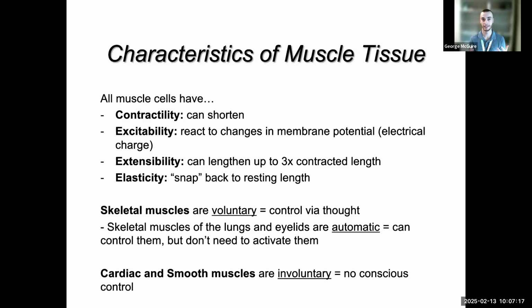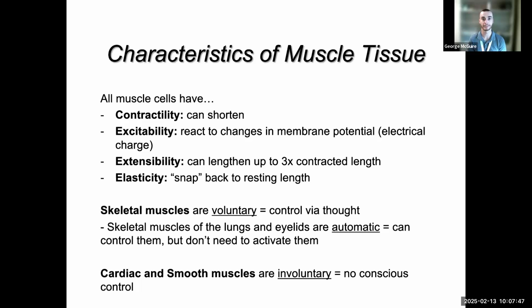They are extensible, meaning that they can lengthen to up to 3 times the length of their contracted length. So if a muscle is fully contracted, all of the protein fibers are fully overlapping. We can extend the length of that muscle to up to 3 times that length. We can double that and even triple it. And then lastly, they have elasticity, meaning that they tend to snap back to a resting length.